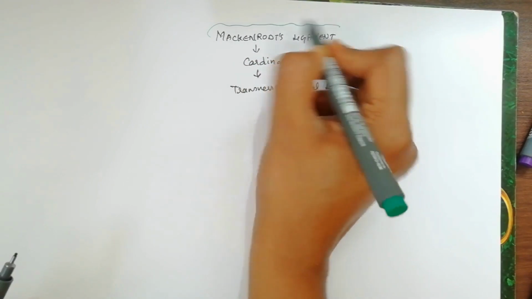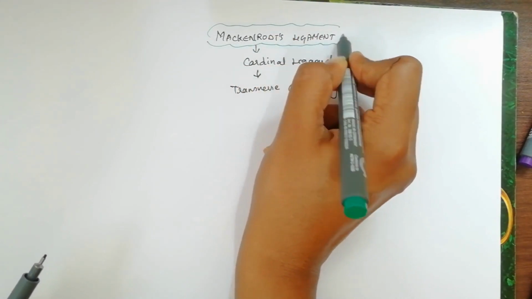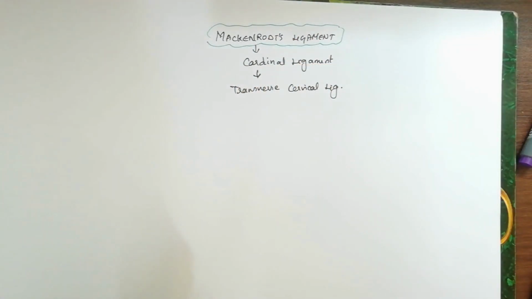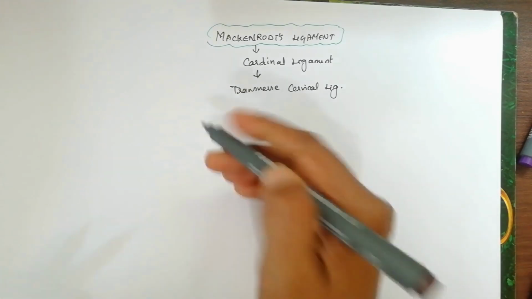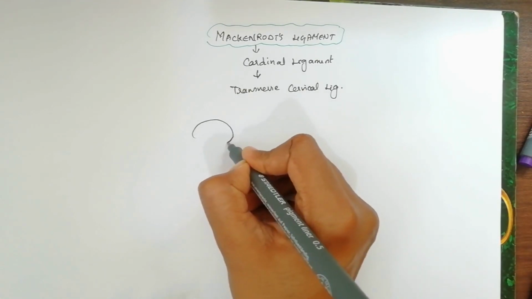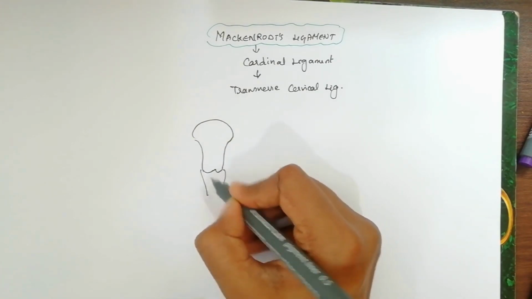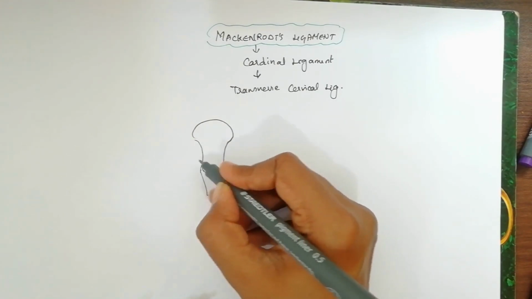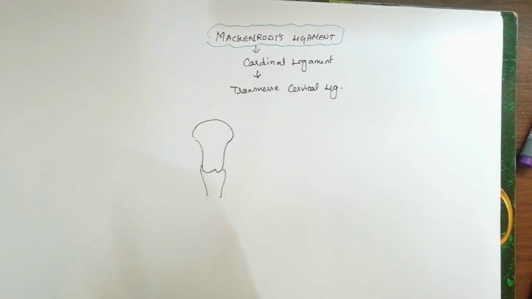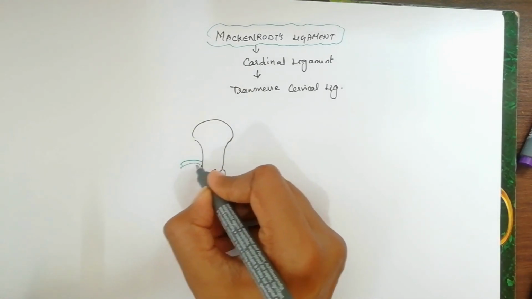Talking about Mackenrodt's ligament now, it is mainly attached to the cervix region. We are going to deal with this ligament in cross section. If you are seeing as such, we have got our uterus and cervical region, and surrounding the cervical region we have got this ligament extending.